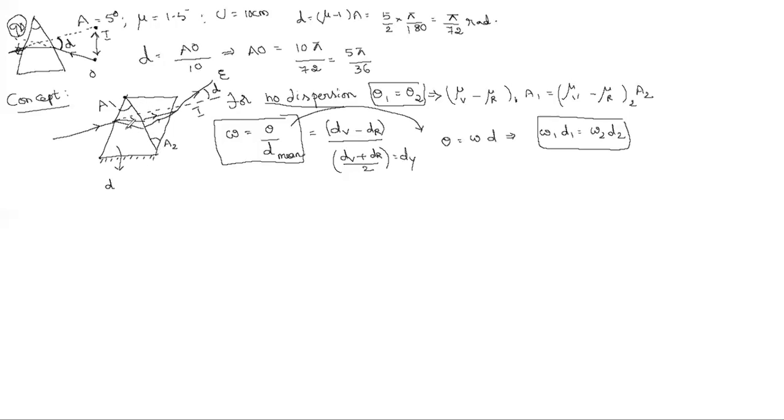Towards the base means in the first prism the deviation will be downwards, and in the second prism the deviation will be upwards, because this is the base. So can I take the total deviation in the two prisms as d1 for the first prism and d2 for the second? Since they are in opposite directions, one clockwise and the other anticlockwise, I can write the total deviation as d1 minus d2.